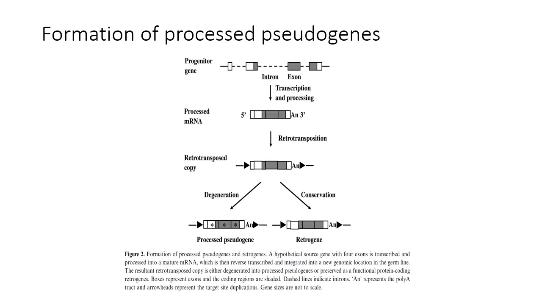Now, most times they're sort of inactivated slowly over time by the accumulation of mutations. So many times processed pseudogenes can be recognized by the fact that they have incomplete open reading frames, they have frame shifts, they have stop codons in frame, and other types of mutations.